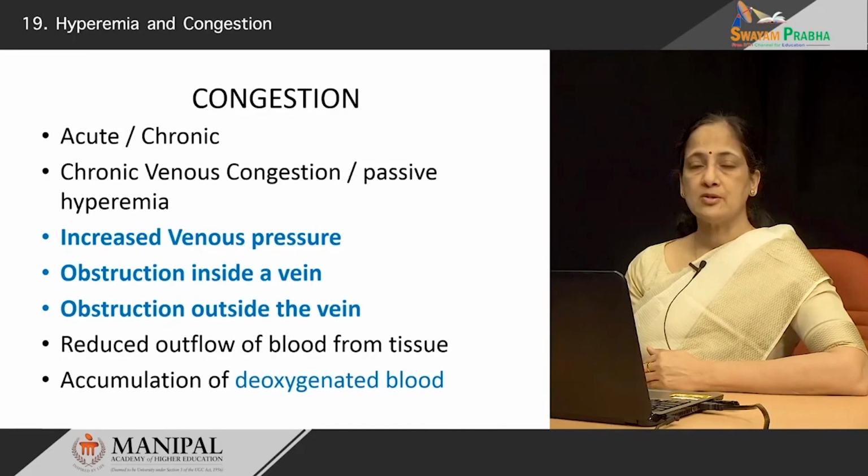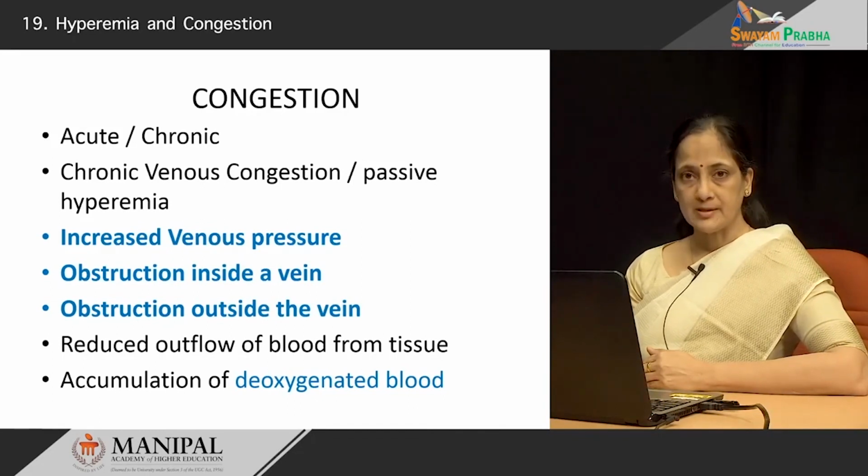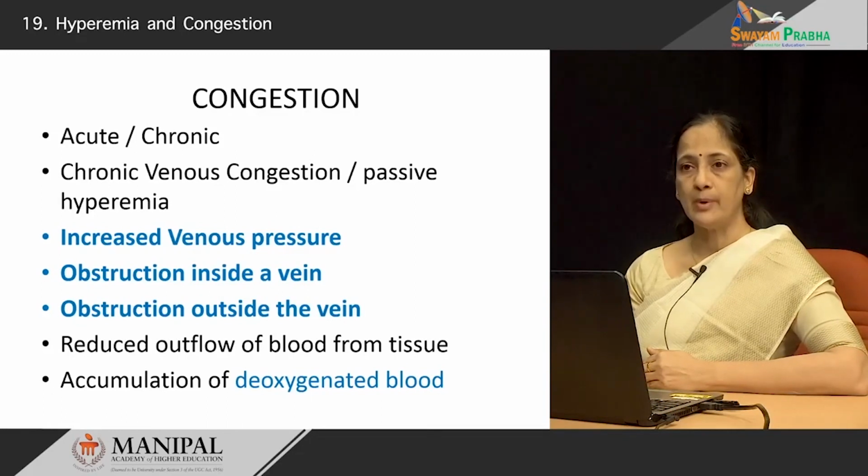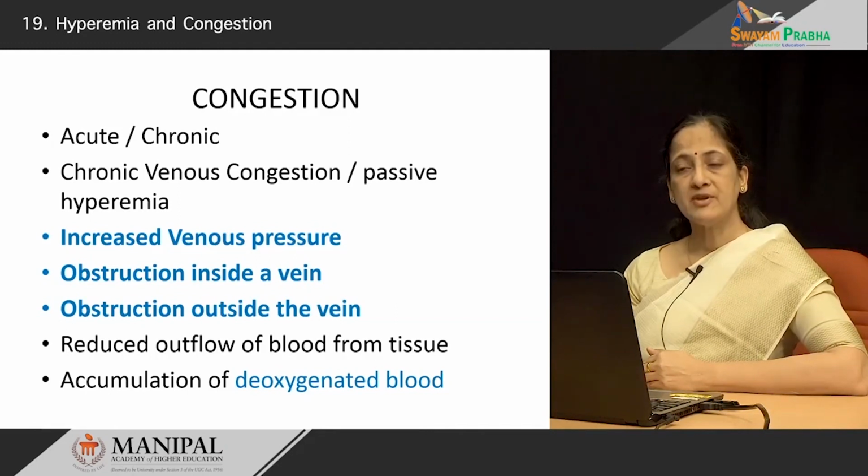What happens because of this venous congestion? One, there will be increased venous pressure. This can cause the congestion within the tissue. Two, there can be obstruction inside a vein. For example, if a thrombus was to develop in a vein, it would cause congestion. Thirdly, the vein may be compressed from the outside, for example, by a growing tumor.